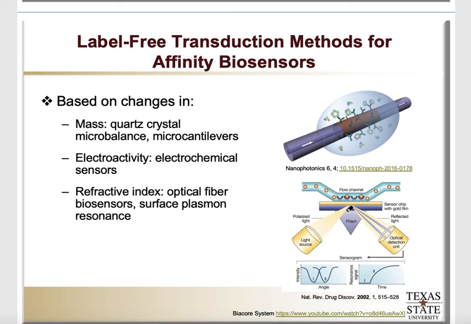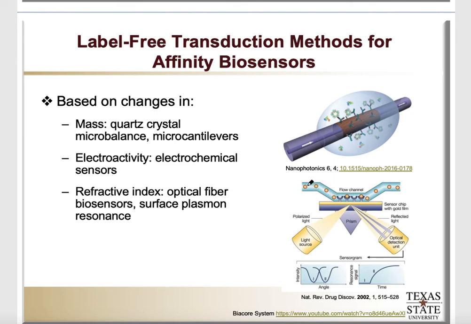On the bottom, we have a picture of a surface plasmon resonance setup, which we had mentioned before. Basically, we're going to have a channel through which we can flow our sample. Then we're going to have a gold surface that is on top of an optically transparent material, and that gold surface can be modified with antibodies or receptors or aptamers or whatever biorecognition molecule you want to utilize.